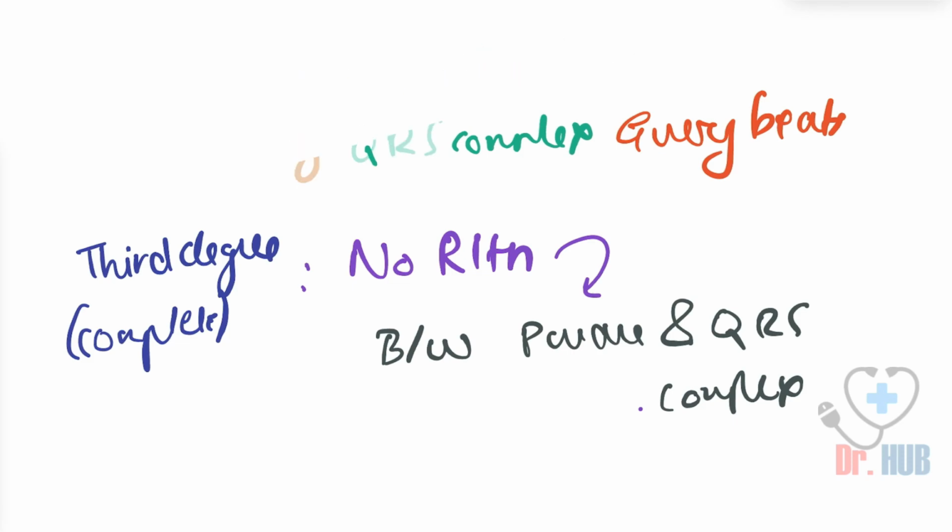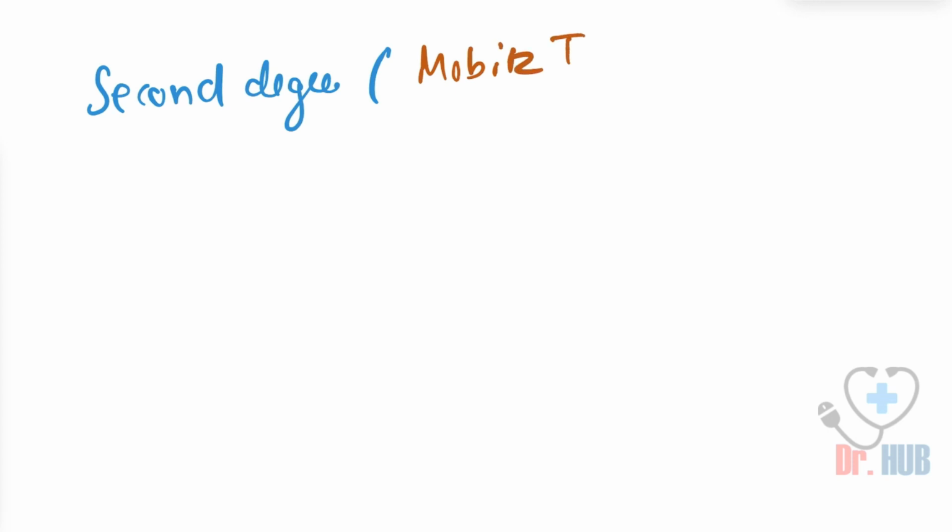Now we'll be looking at answering our question. The first question we asked was about the second degree heart block, specifically the Mobitz type 2. Here are the ECG findings.